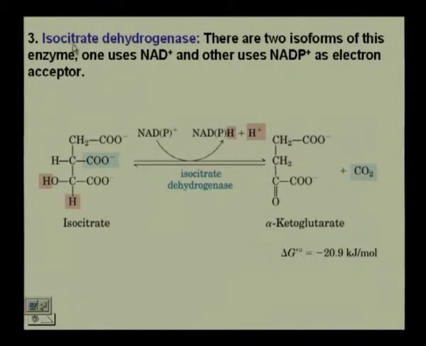The third step is isocitrate dehydrogenase. What does that mean? It means it is going to remove hydrogen now. We have H plus removed here in NAD, and in some cases there are actually 2 isoforms of the enzyme. One of them prefers NAD plus as the cofactor, and the other prefers NADP plus. Okay. But both of them would ultimately result in the removal of these 2 hydrogens and the CO2 here.